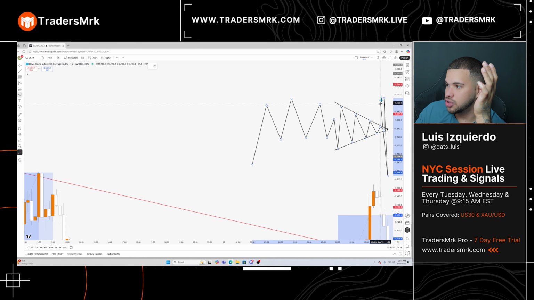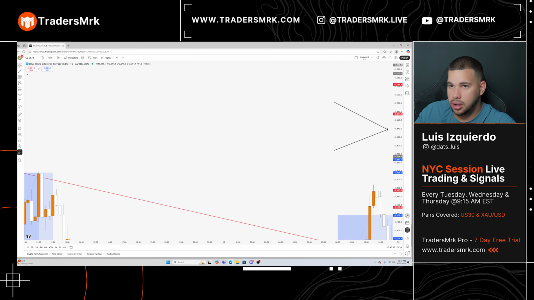So if it breaks towards the upside and then comes back down, it will come back down with double the strength. Meaning, if it breaks up, as an example, 100 points, it will come back down at least 200 points.